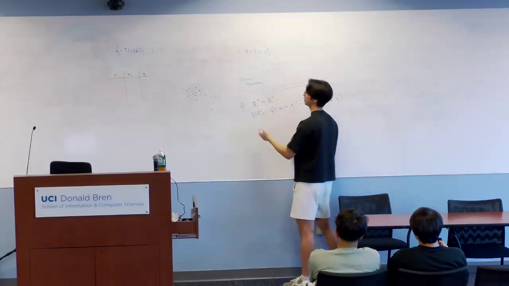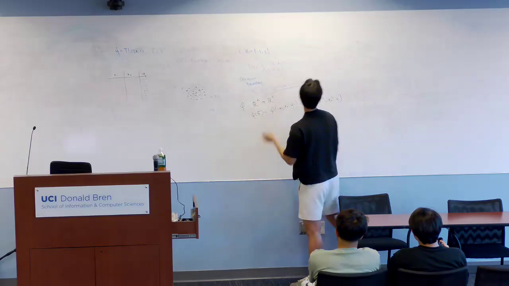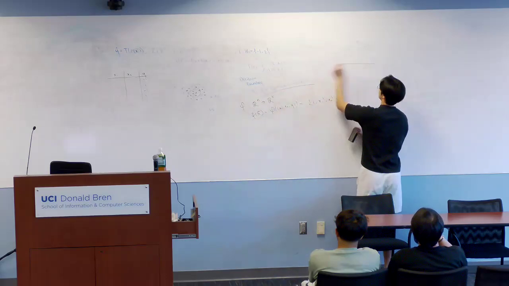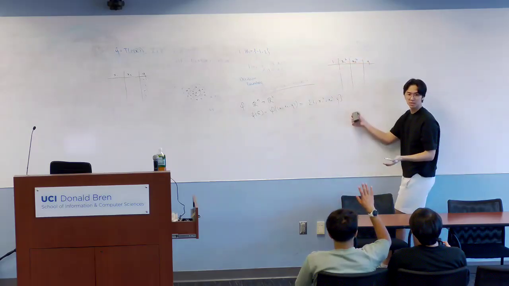And then when I apply this feature transform phi onto this entire data set, I'll get my transformed features, something along these lines.